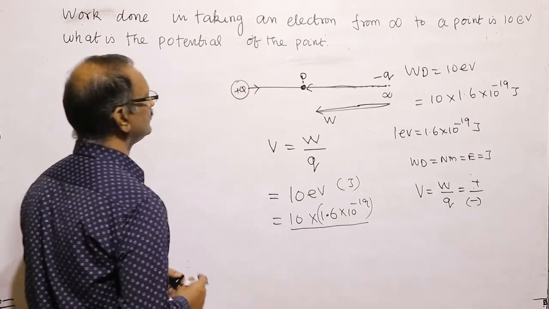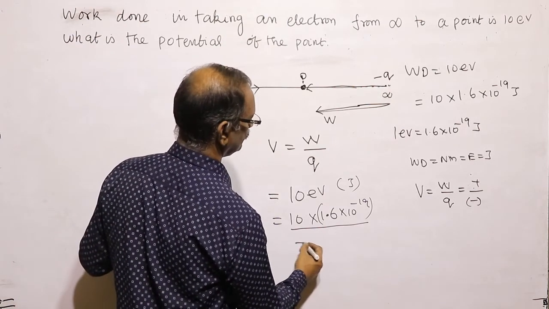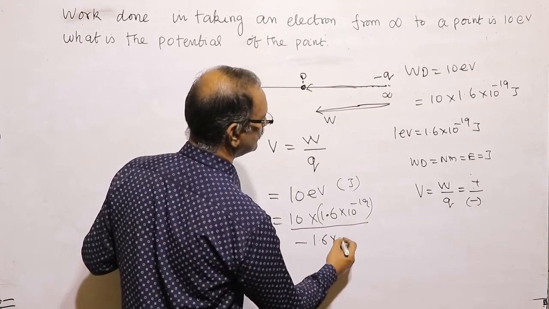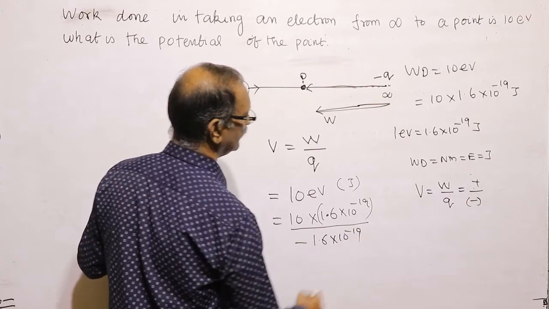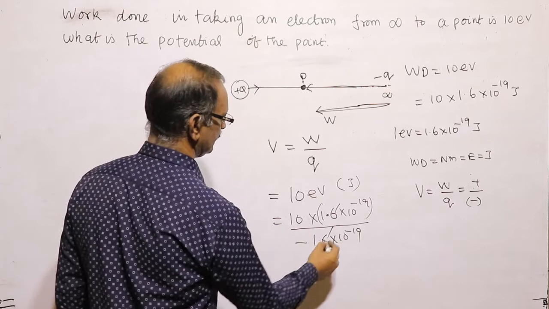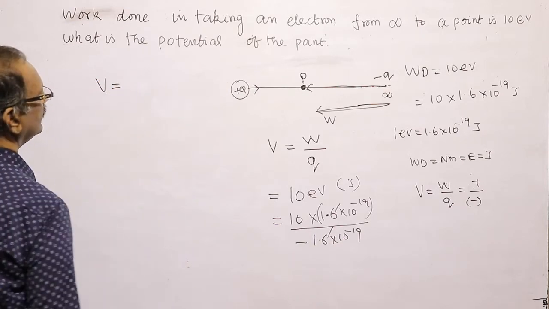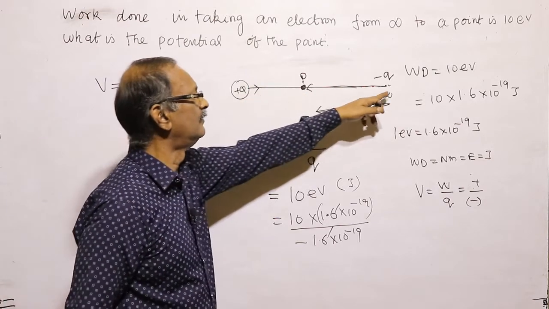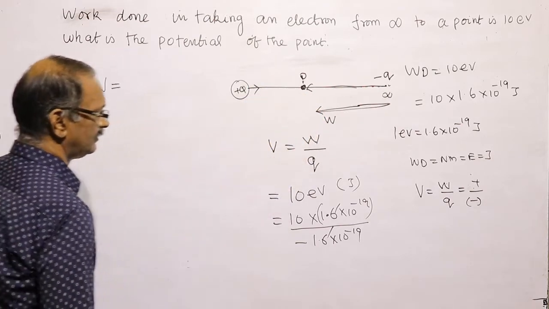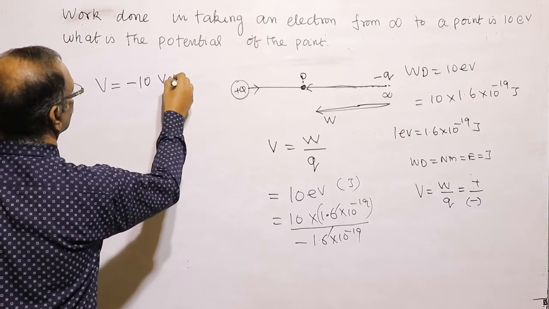What is the charge? Charge is a negative charge, that is minus 1.6 into 10 to the power minus 19. So when both get cancelled, the potential in bringing an electron from infinity up to this point is equal to minus 10 volt.